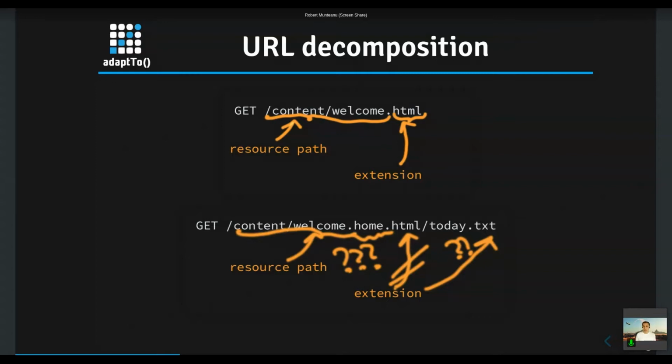You can understand which one the resource path is, and which are extensions, selectors, suffixes. There's nothing stopping you from having a resource called /content/welcome.home. So you cannot judge that just by looking at the request. And this is where the resource resolver resolve method comes in.